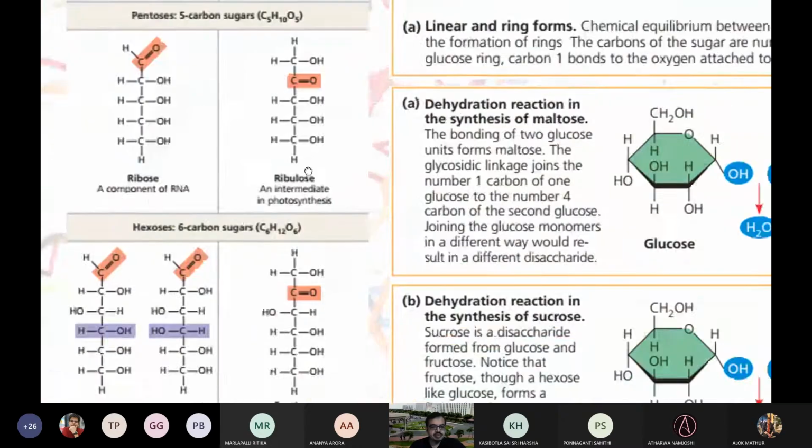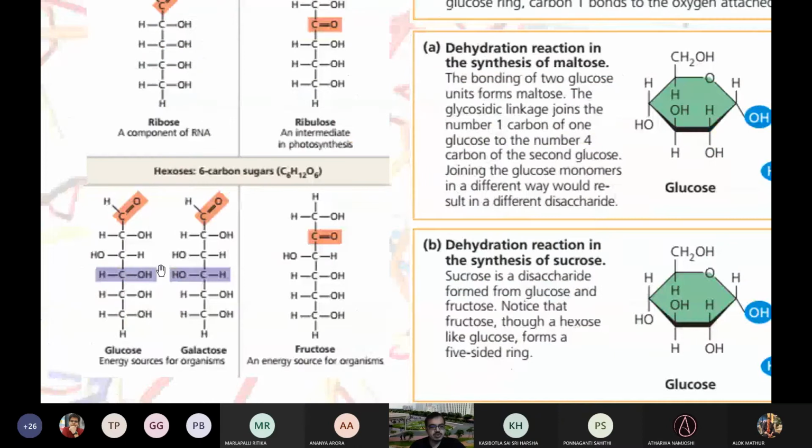We just saw that. With a subtle change in the OH and H group from right side to left side, you can change the kind of carbohydrate it is. So the molecule changes, and often if it happens in the middle, the molecule itself changes. If it happens somewhere near the tail, away from the carbonyl group, then the molecule stays the same, but it becomes a different enantiomer.